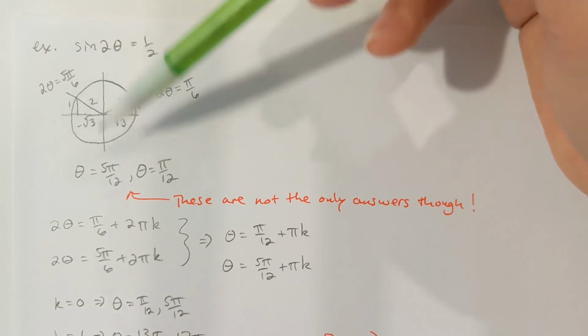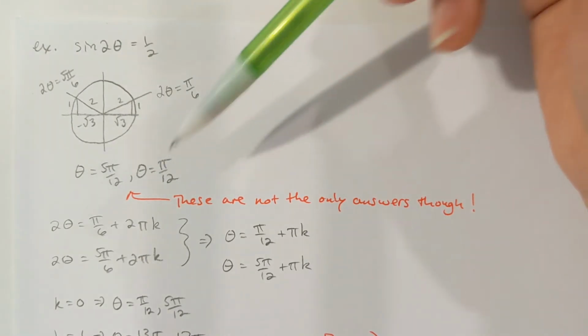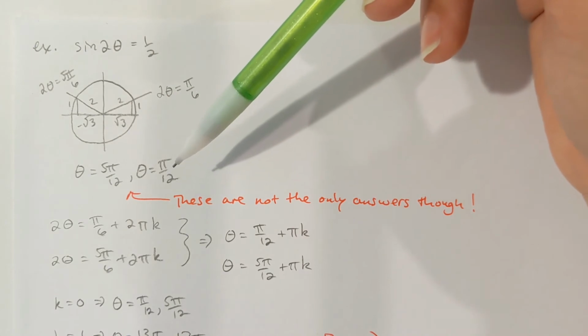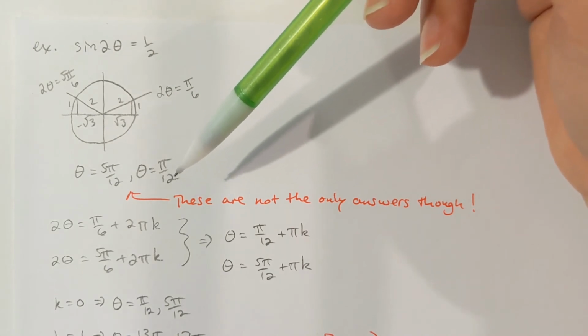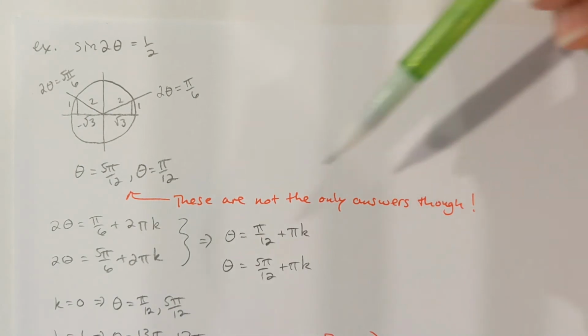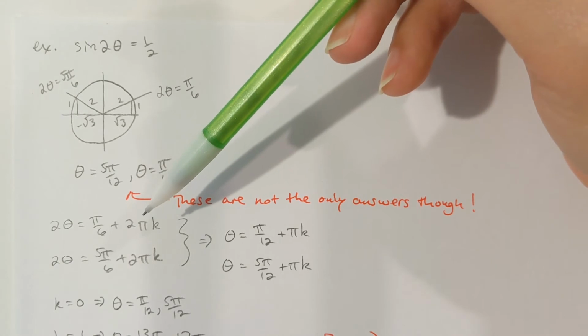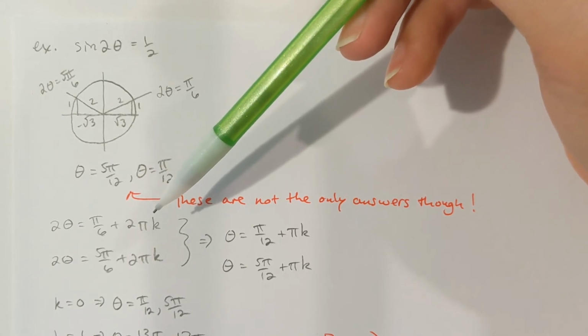If you divide by 2 on both sides, then theta would be 5 pi over 12. All right, so these two numbers are going to be solutions. These are not the only solutions, though, because we have to use the periodic factor to see if there's any more solutions.